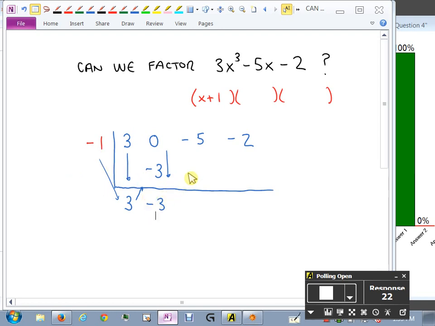Put that here, which gives me +3. I add down. I get -2. I multiply across again, and I get 2 here. And then what's at the end? 0. And that 0, that last number here, was always the remainder. So we like to kind of peel it off and separate it.